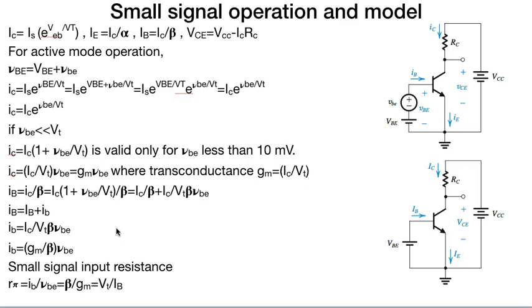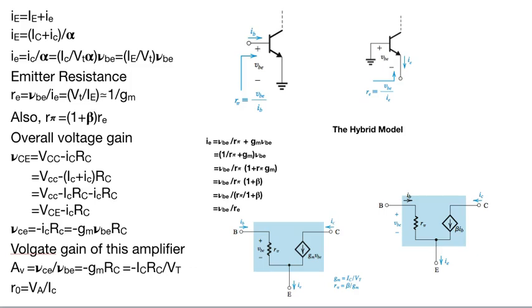One should know these because this helps you to represent a BJT in a two-port network. Beta is equal to GM times R pi.